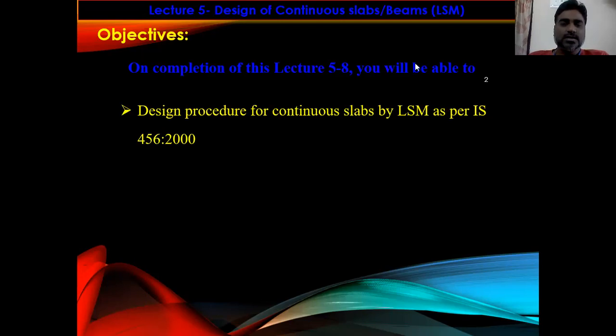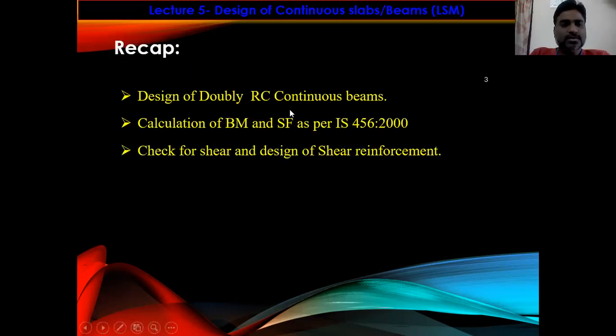Right. So before going to discuss, let us recap what we discussed in the last class. In the last class, in this topic, design of continuous beams and slabs, we discussed the design of continuous beams.